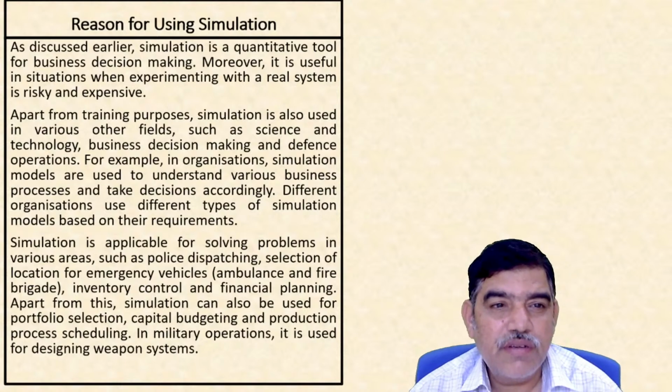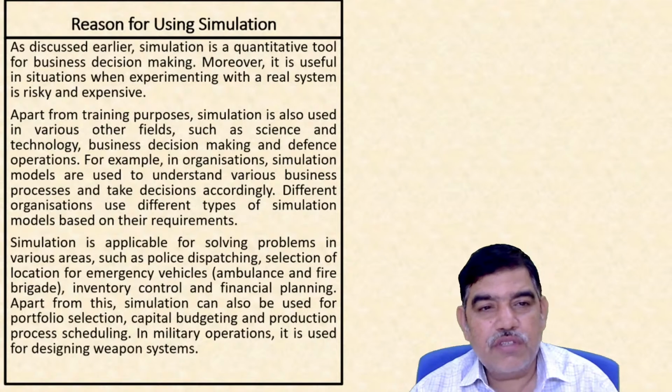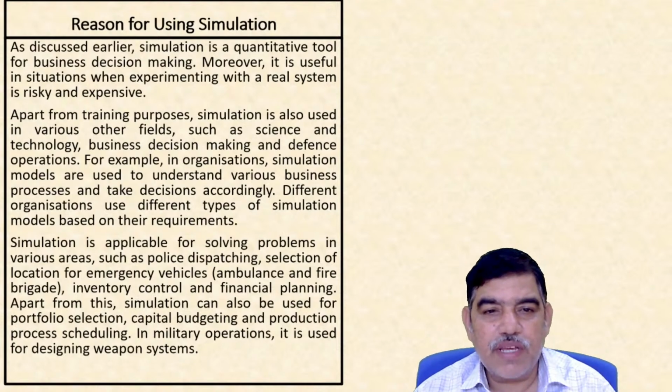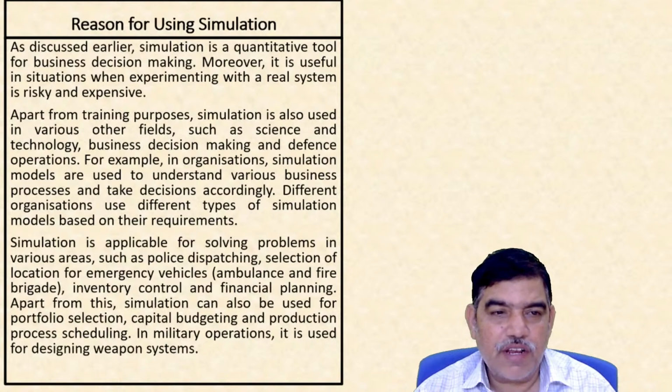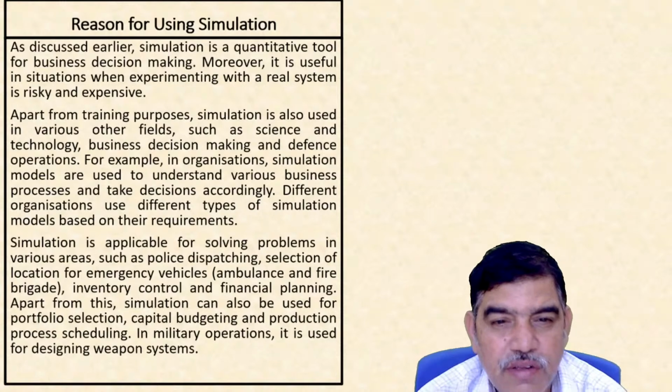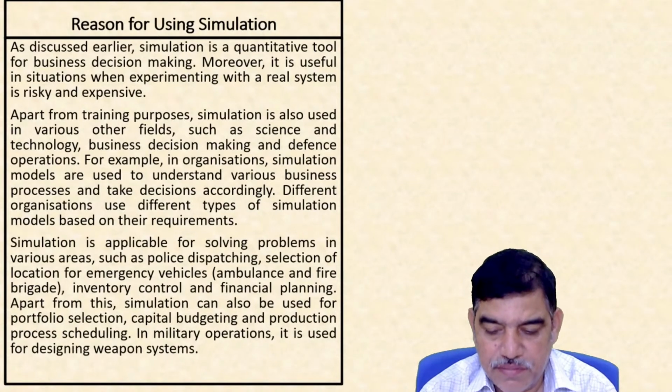We also use simulation in various other fields such as science and technology, business decision making, and defense operations. For example, in organizations, simulation models are used to understand various business processes and take decisions accordingly. Different organizations use different types of simulation models based on their requirements. So for every organization, the simulation models are different.